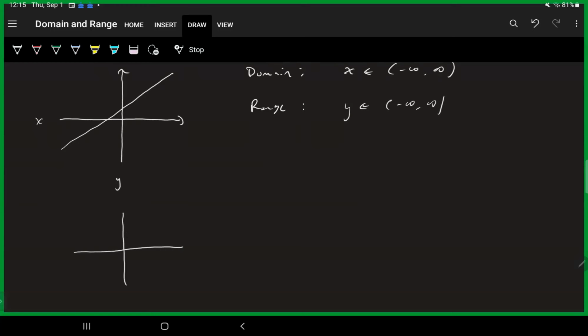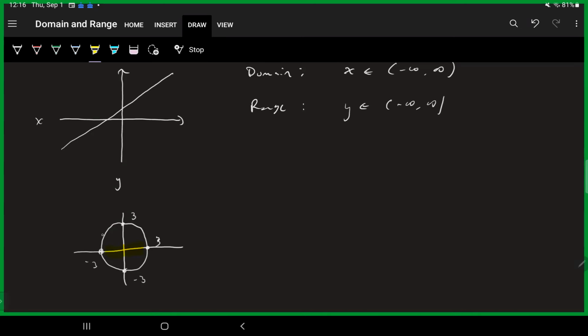If I'm looking at a circle, and I kind of sketch one really quickly here, the domain would be all the possible x values that can occur.